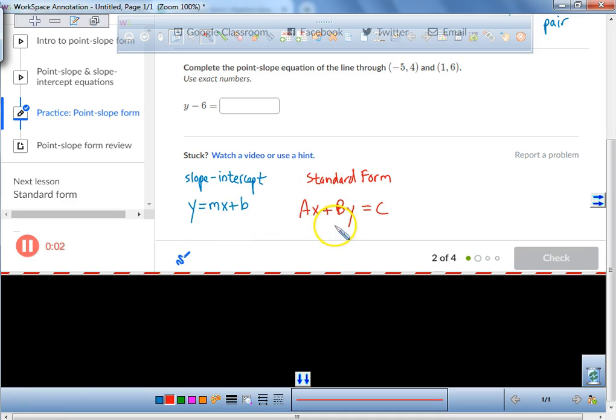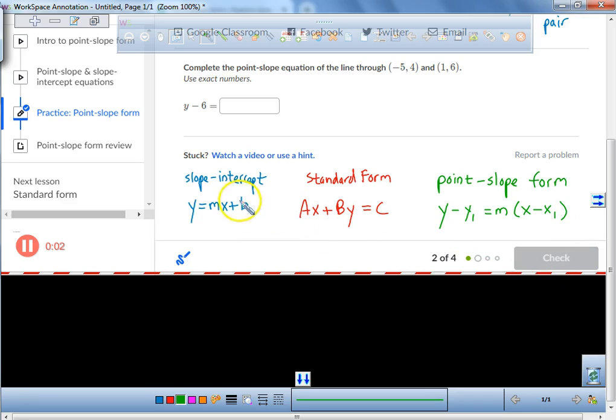Standard form is ax plus by equals c. And now the new form that we're going to be talking about is what's called point slope form, which is y minus y1 equals m parentheses x minus x1.